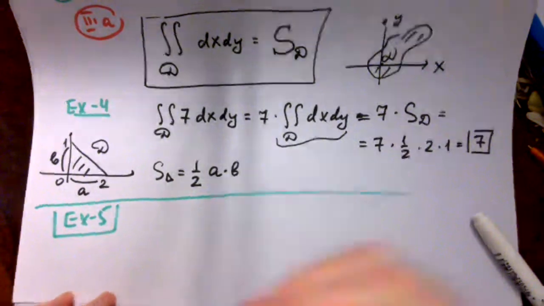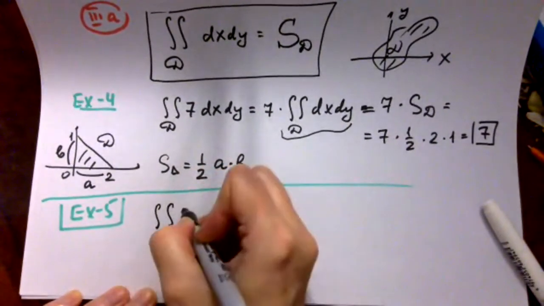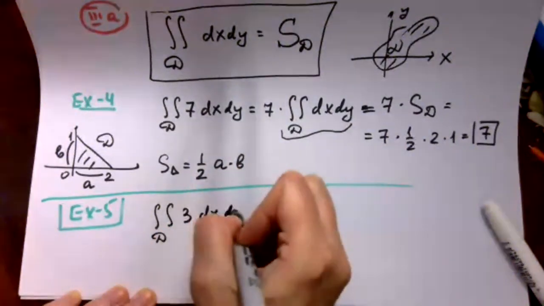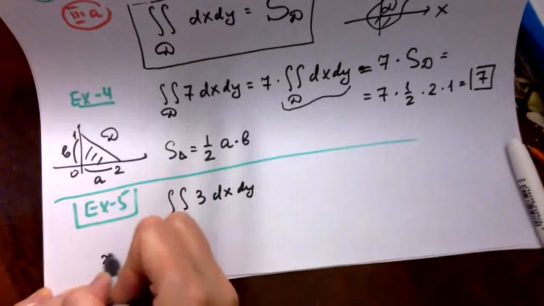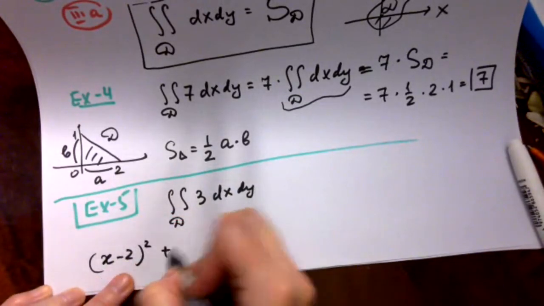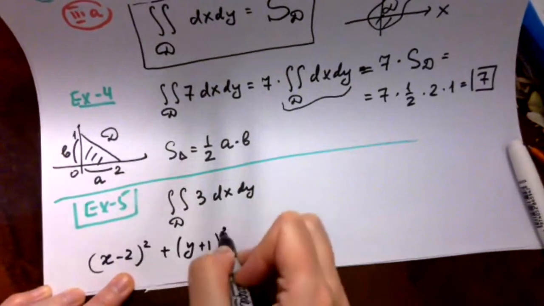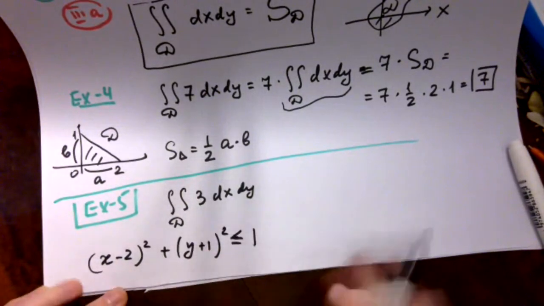So let's imagine that we have another integral, like maybe over D of 3 dx dy, and your region D is actually some circle, (x minus 2) squared plus (y plus 1) squared, less or equal than 1. What does it mean?